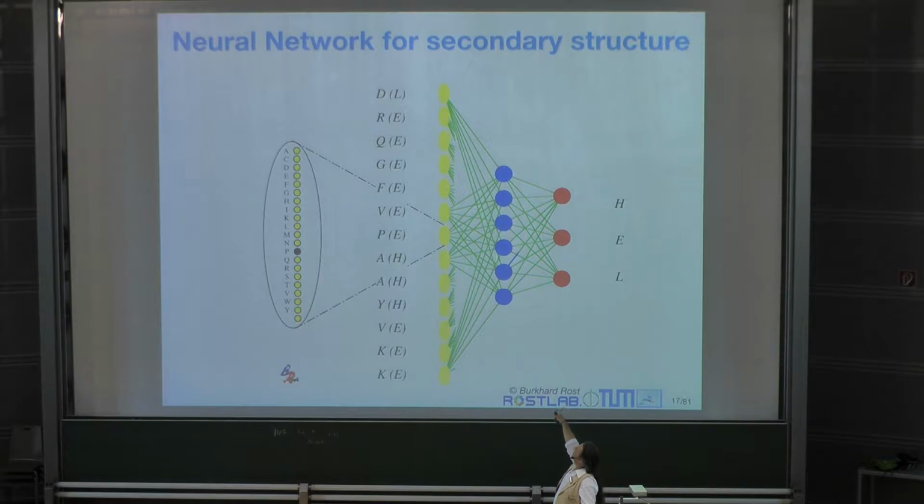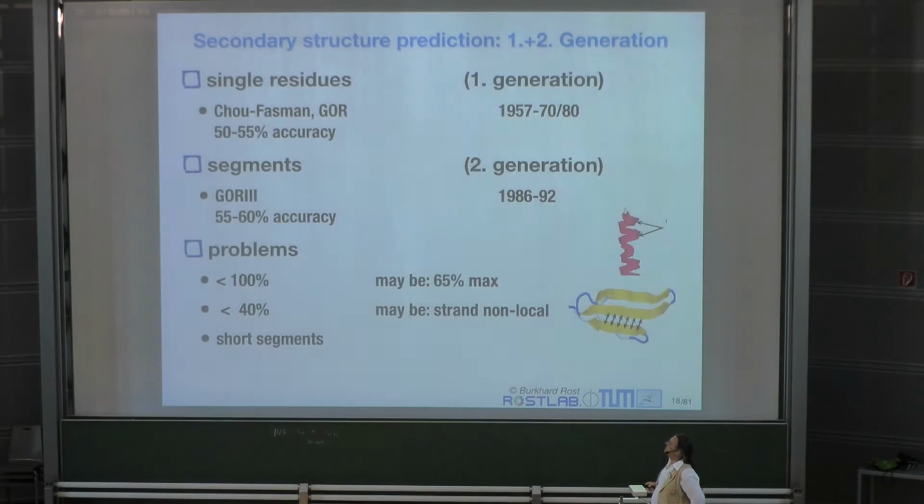Hidden units here, just shown 6, 3 output units, because we have helix, strand, other, 3 states, and this device in fact does not really solve any of these problems.